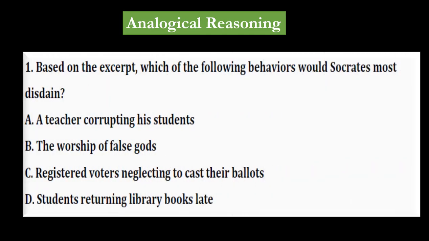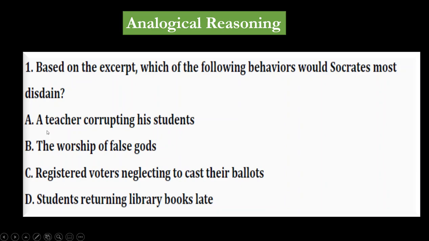Based on the excerpt, that is the passage, which of the following behaviors would Socrates most disdain? So the text is going to talk about Socrates, but in different contexts. Which context among these, the choices, the philosopher Socrates would most disdain?